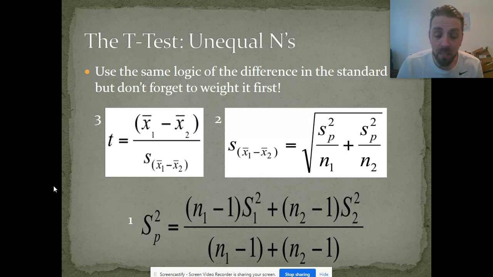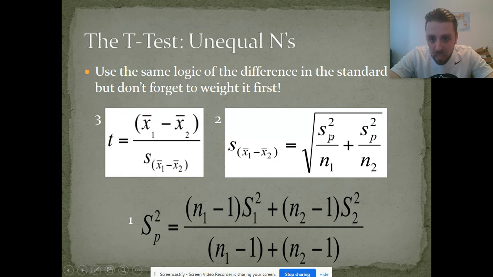A lot of that is stuff you'll already have in step 1, where you state what you know, and step 4, where you have to calculate your degrees of freedom in order to get that critical value in the first place. So I do step 1 here to calculate S squared P. I then move to step 2, which is calculating S of x bar 1 minus x bar 2, where I need that estimate of S squared P in order to get the right answer here.